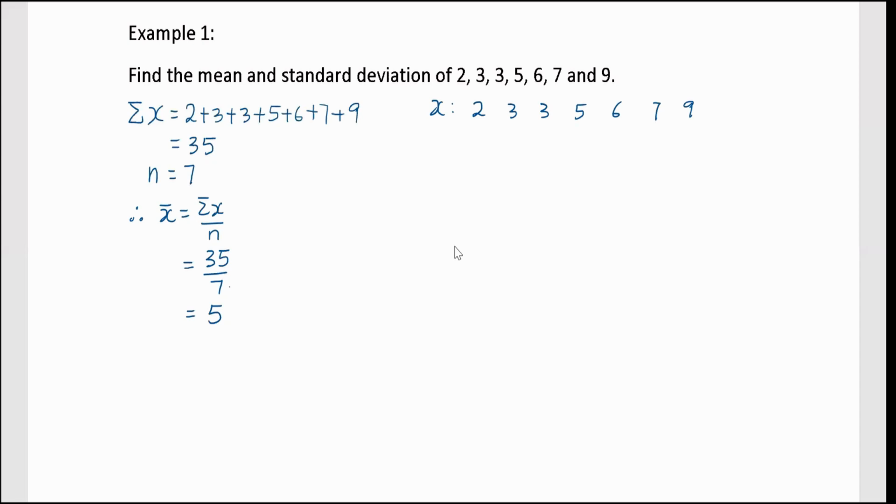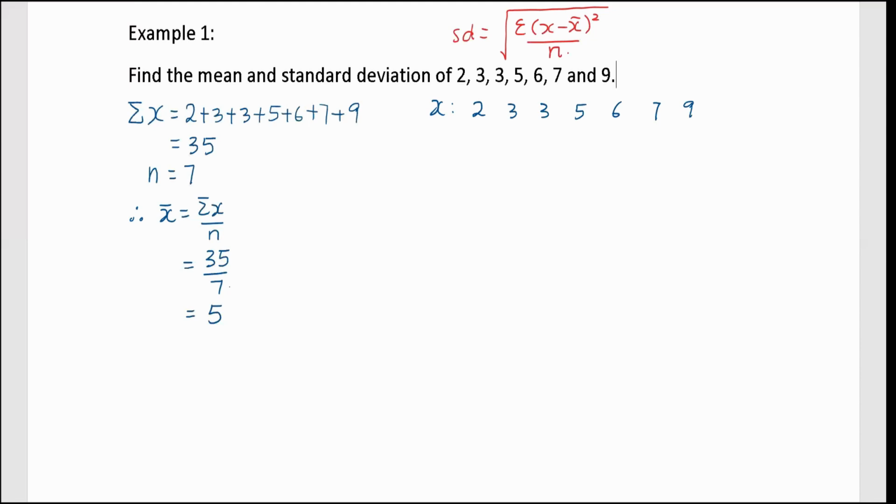According to the formula, I write down the formula at the top: standard deviation equals to... Let's say we use this formula.